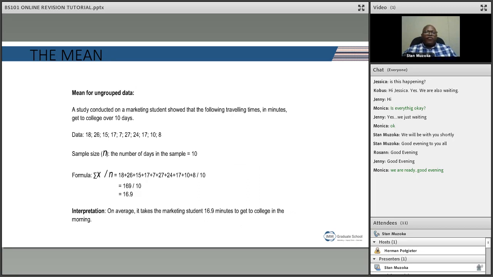Over and above presenting our data in the form of frequency distribution tables, contingency tables, and graphs, we may find ourselves having carried out surveys, collected data, and having to describe that data. This is categorized in your syllabus as exploratory data analysis.